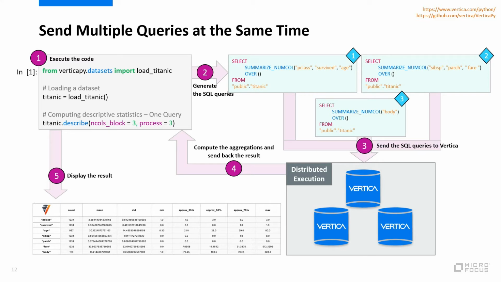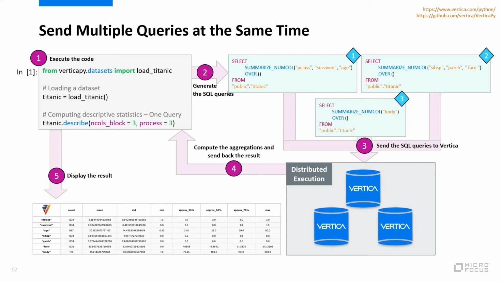But what's cool about it is that I'm sending multiple smaller queries at the same time, which means that Vertica, when it does not have enough resources to do it, will put it in a stack, and then it will wait to get enough resources to run it. But at the same time, you're computing the other smaller ones, so you're not really hurting the system like you can do with the big query.